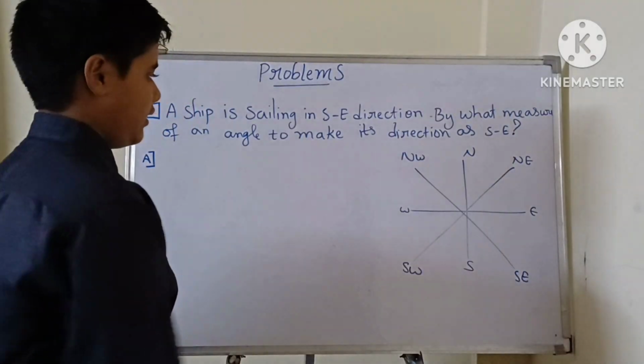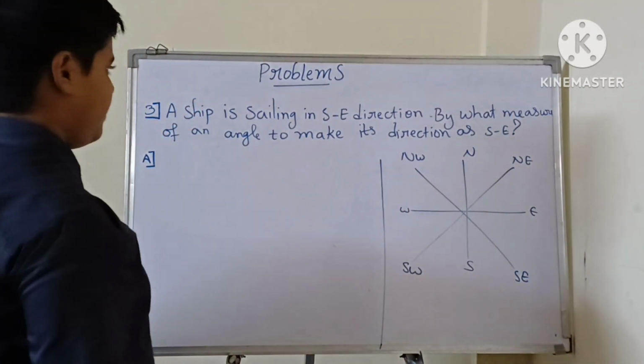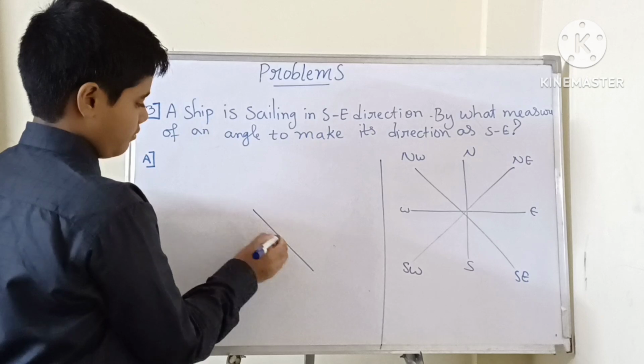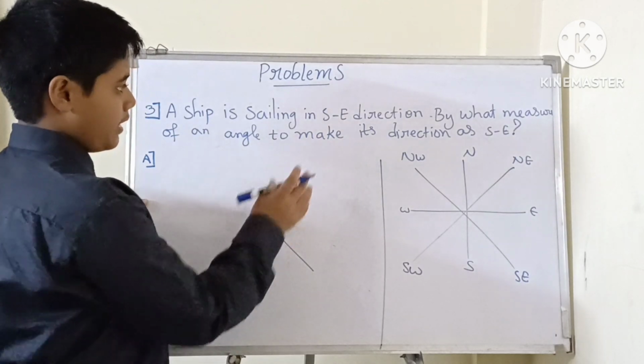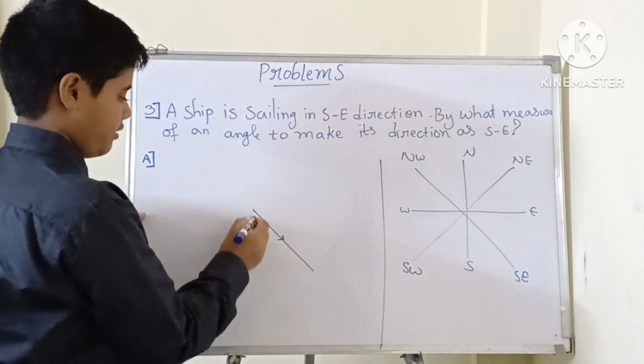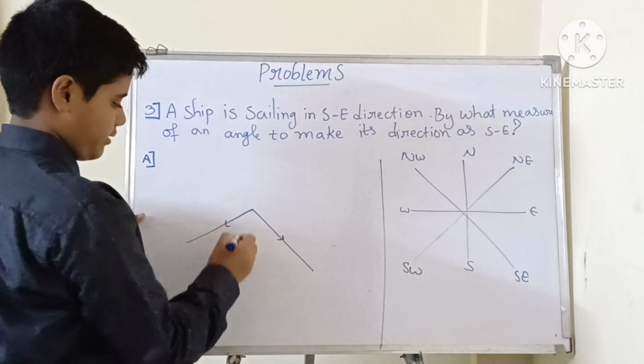Okay, so these are the directions. And if you see, a ship is sailing like this. By what angle to make its direction southeast, which means southeast is like this.